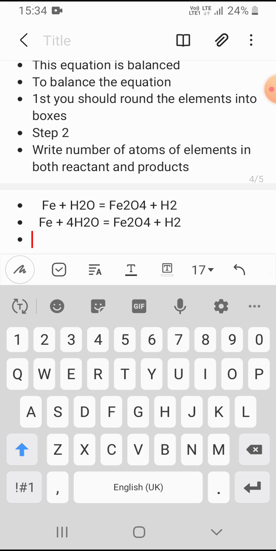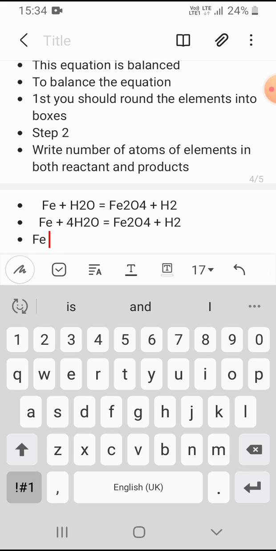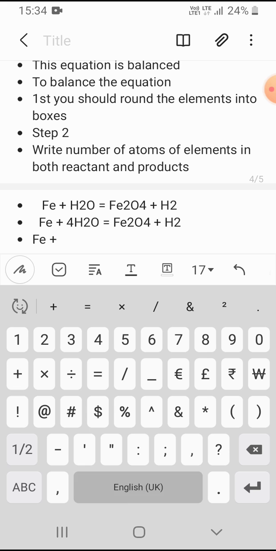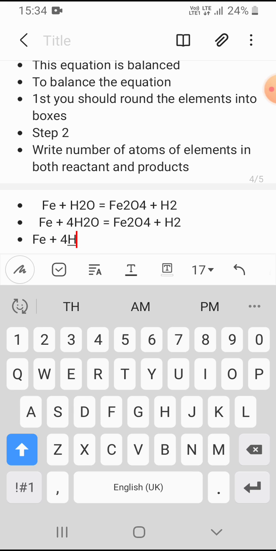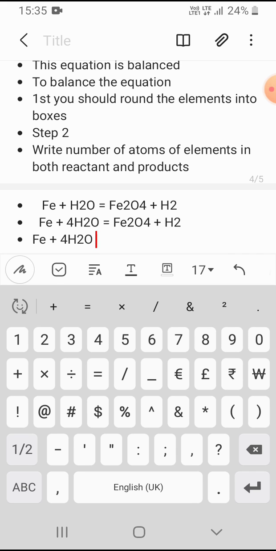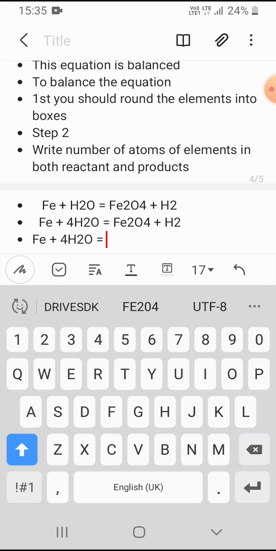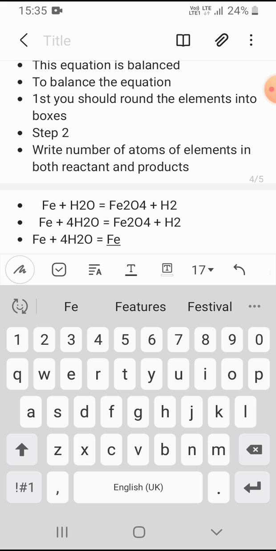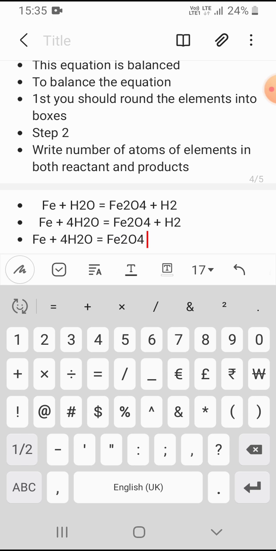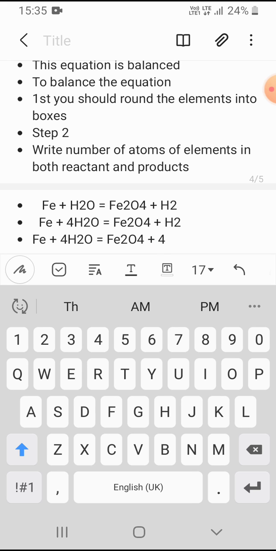So now again what you have to do, again write the formula, Fe plus 4H2O is equal to Fe2O4 plus, here you put 4H2.